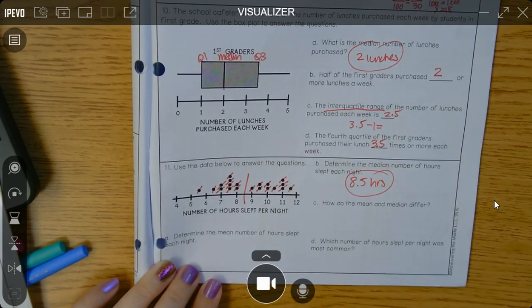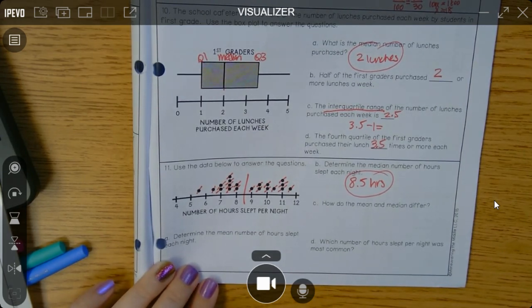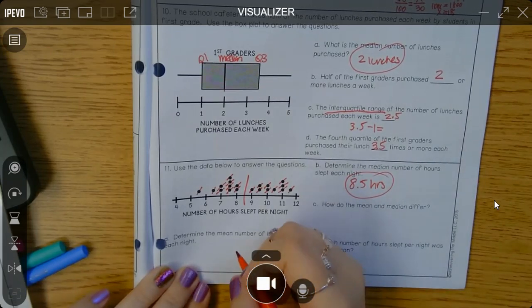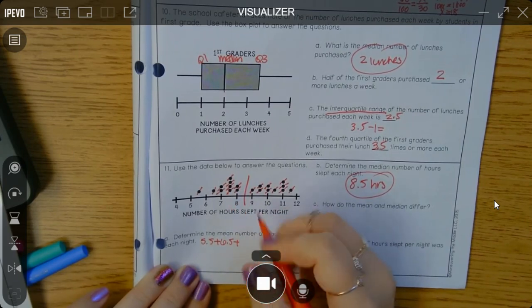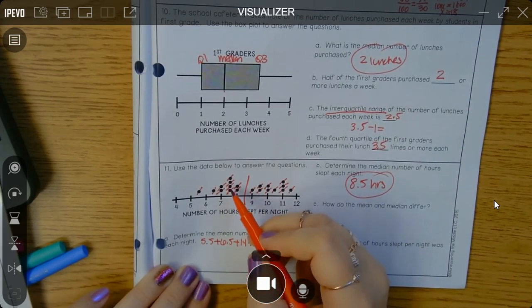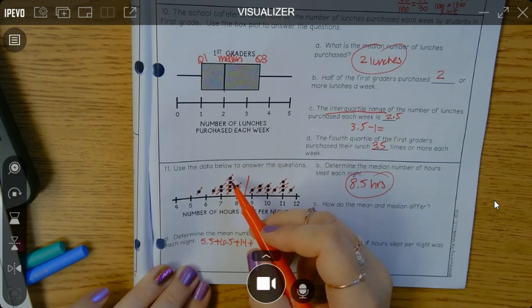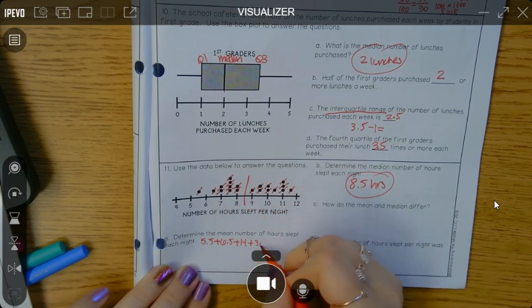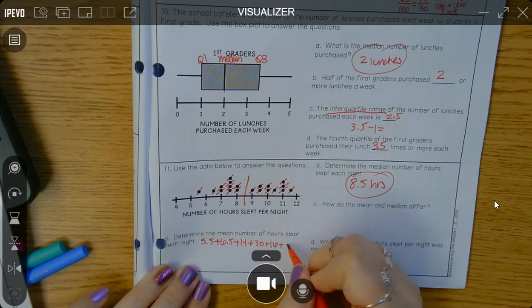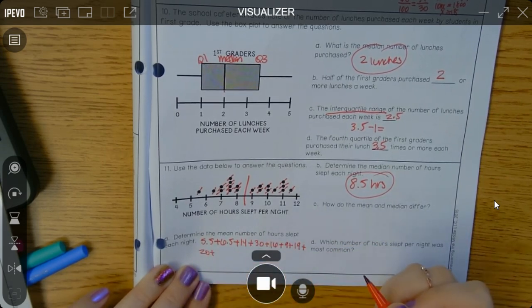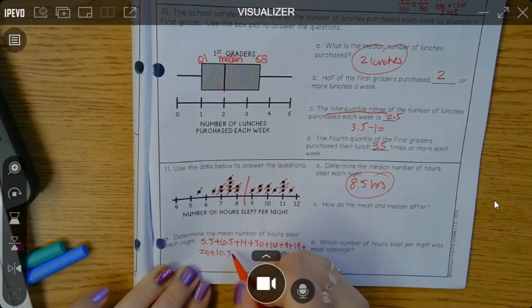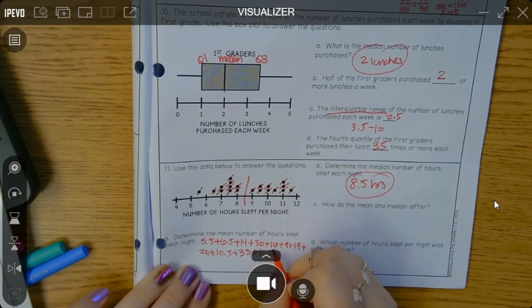How do the mean and median differ? Oh, we skipped this one: define the mean. You're going to add 5.5, 6.5, a 7 and a 7 is 14, 7.5 times 4 is 30, 8 and 8 makes 16, plus a 9, 9.5 and 9.5 is 19, 10 and 10 make 20, another 10.5, 3 11s is 33, and then an 11.5.